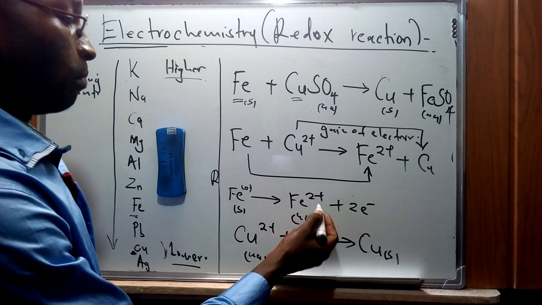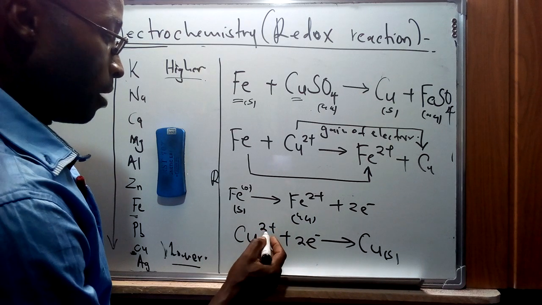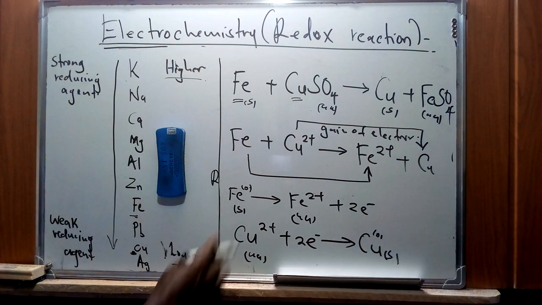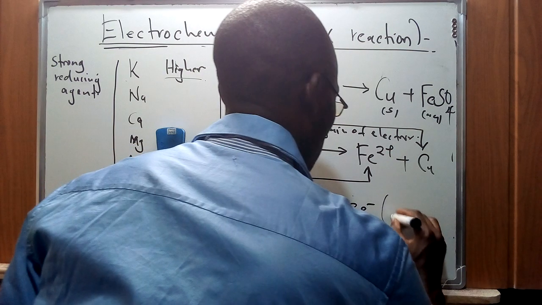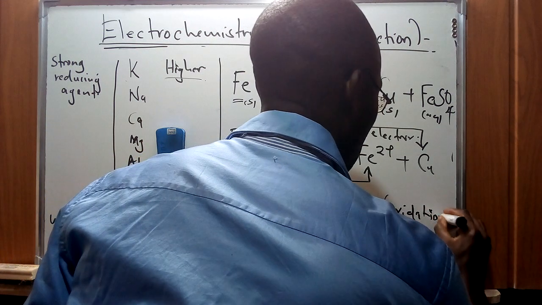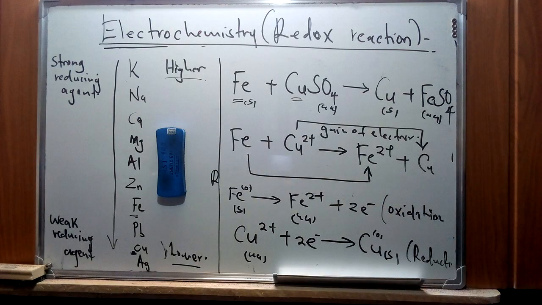It has changed to +2, so there's an increase in oxidation state for iron, which is oxidation. For copper, it has changed from +2 to 0, where there's a reduction. So therefore we're going to see that the first reaction is what we call oxidation, while the second reaction is what we call a reduction reaction.